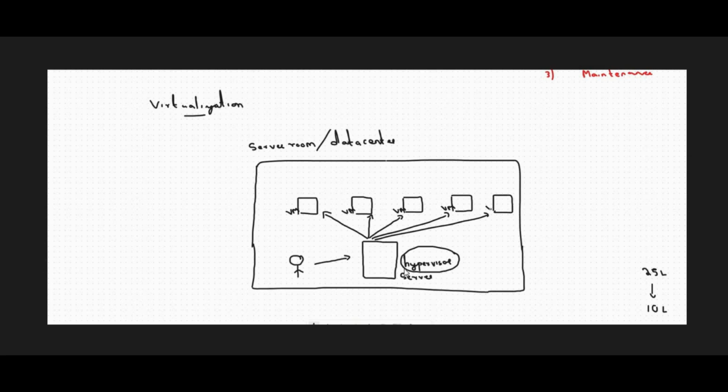With the help of hypervisor software, they will create five different virtual machines that act as different servers. Outside, it is one server, but it has the capacity to act like five different virtual machines. That is the reason it is called virtualization.